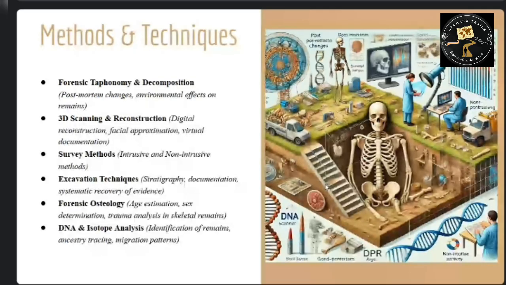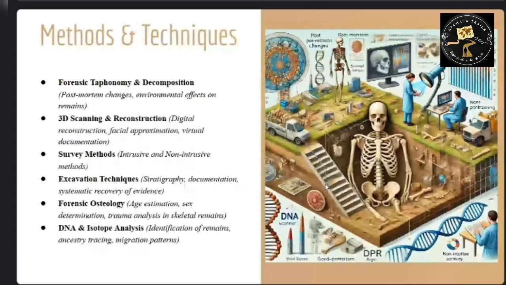Next is excavation techniques, where in excavation we'll be studying the stratigraphy, doing documentation, and doing systematic recovery of evidence. I told you that the person should have knowledge about bones, right?